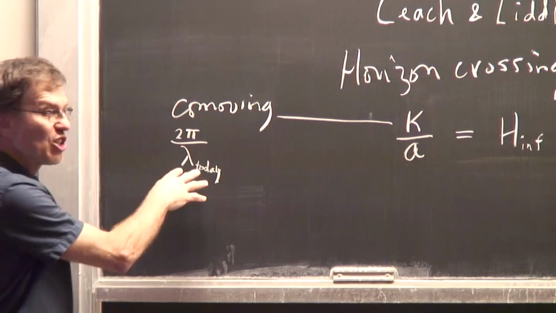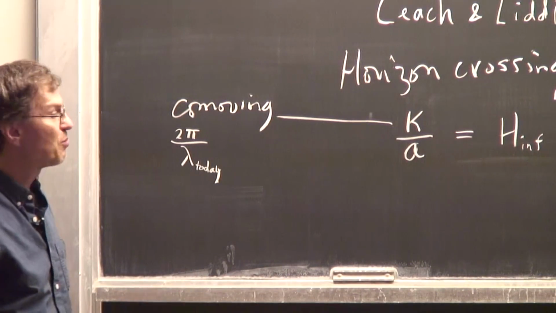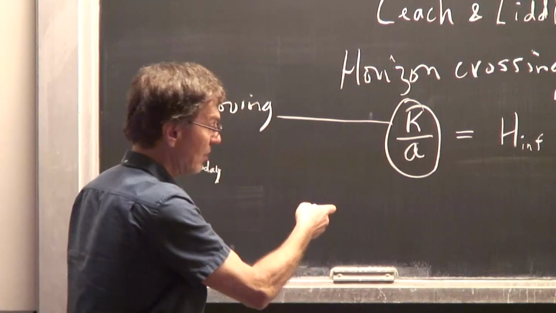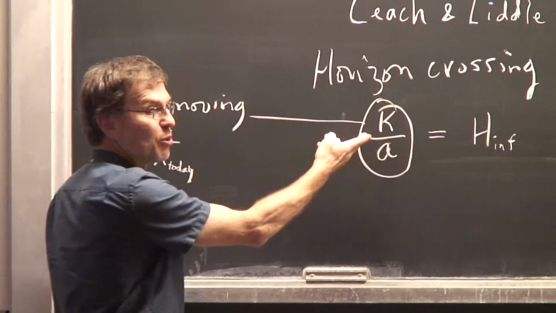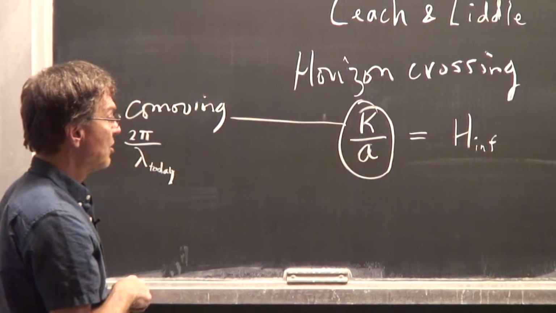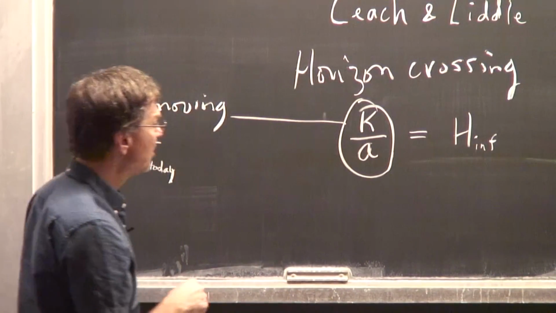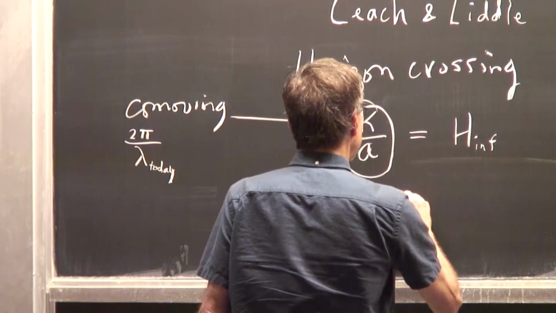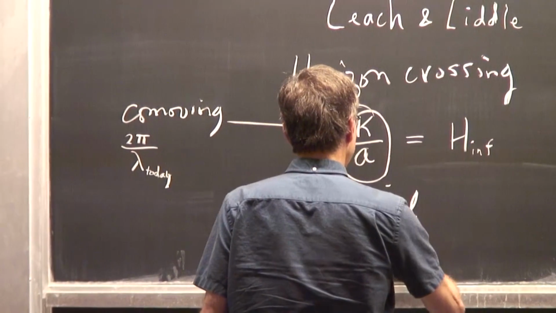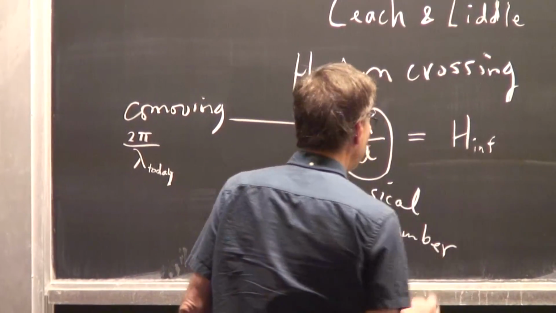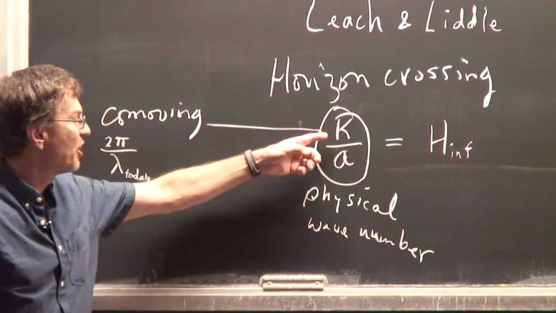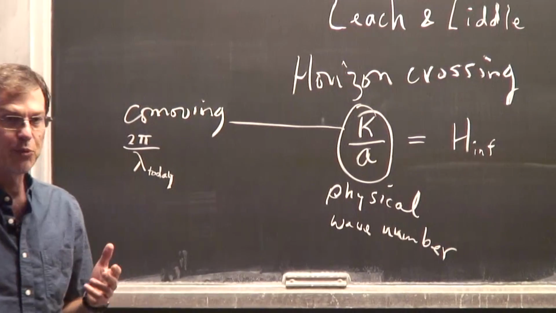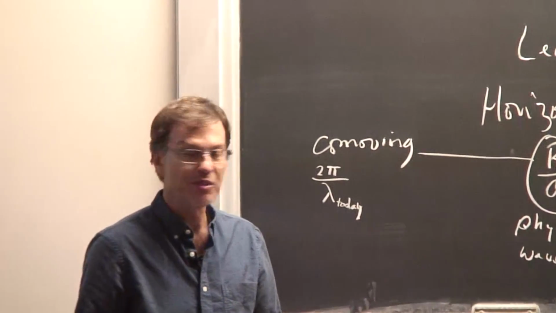But the physical wavelength is getting stretched by inflation. So this combination, and correspondingly, the wave number is going the other way. So this is the physical wave number. It's convenient to refer to co-moving wave numbers when we talk about observations, because then we can just directly relate them to the scales that we measure in the sky.